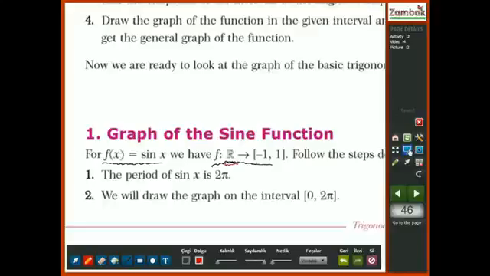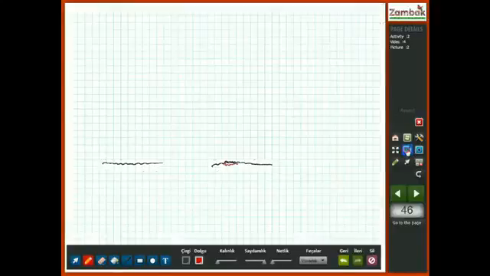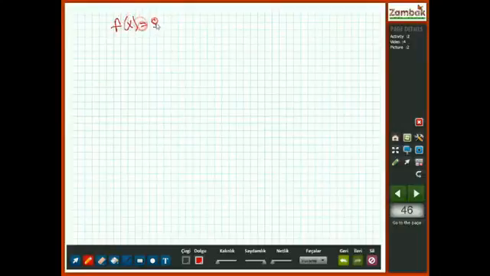Let's draw. Here we have f of x is equal to sine x. Okay, to draw the graph of this sine function, we're going to use the table method. This is x and this one is f of x.